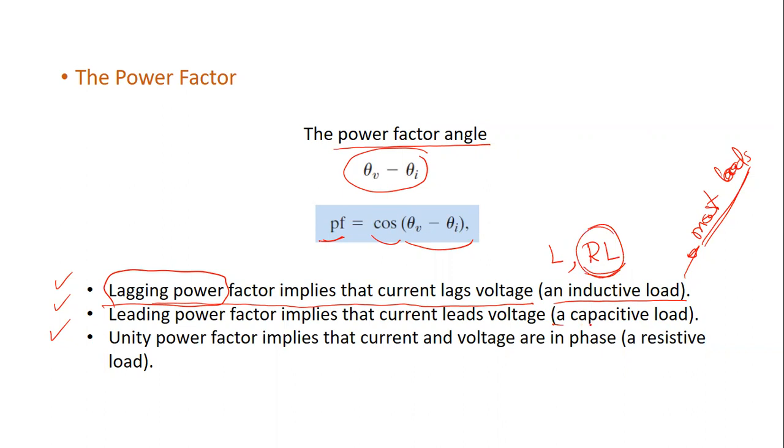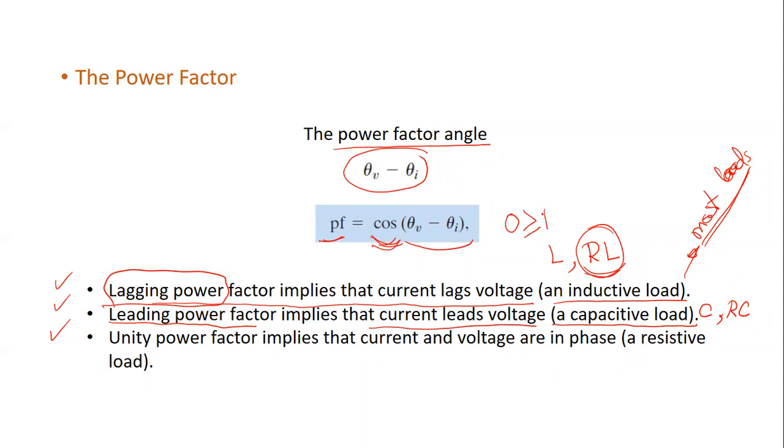If you have a capacitive load, which could be a pure C in theory, or RC in practical life, then this power factor will be a leading power factor, because the current in this capacitive circuit will lead the voltage. So we call it leading power factor. And as you know, since the power factor is a cosine function, it will be changing from 0.